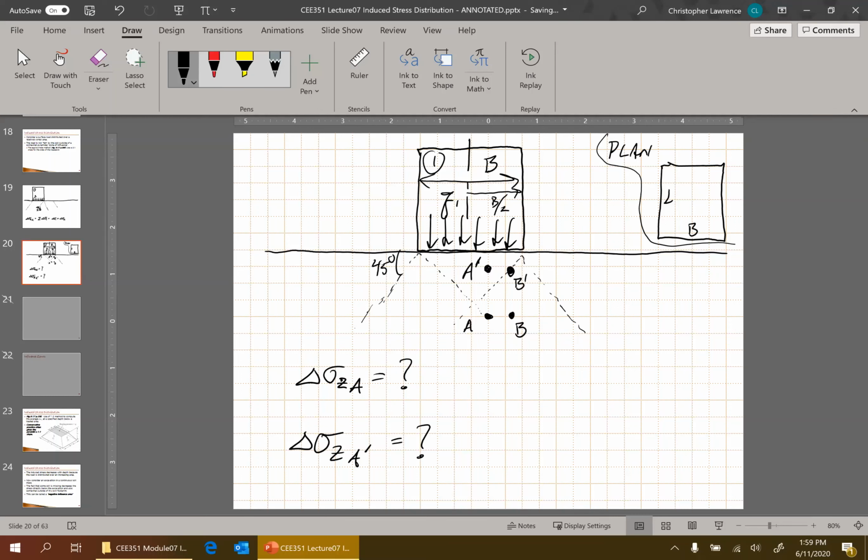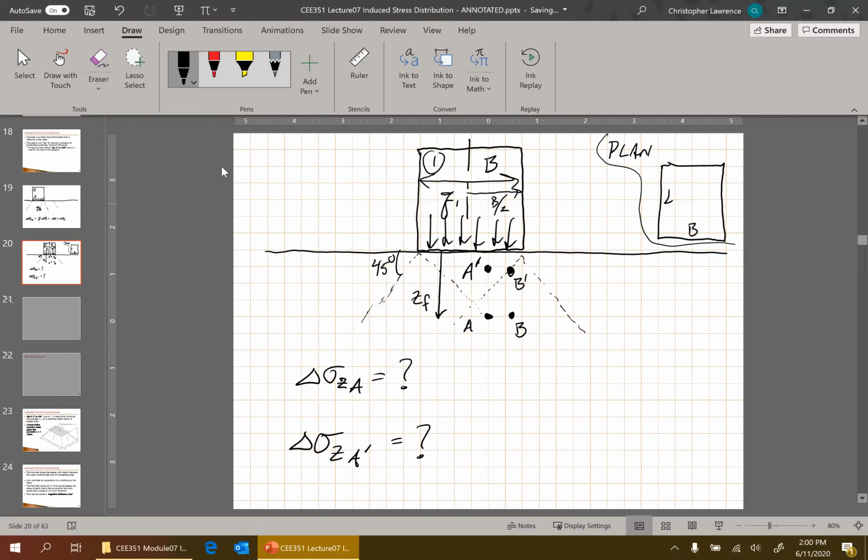And so what we see now is that the distribution of induced stresses depends on two things. Both the depth from where the load is applied, I'll call that ZF, and also, going back to our earlier diagram, that XF or YF, which was that lateral distance away from the center line of the load.